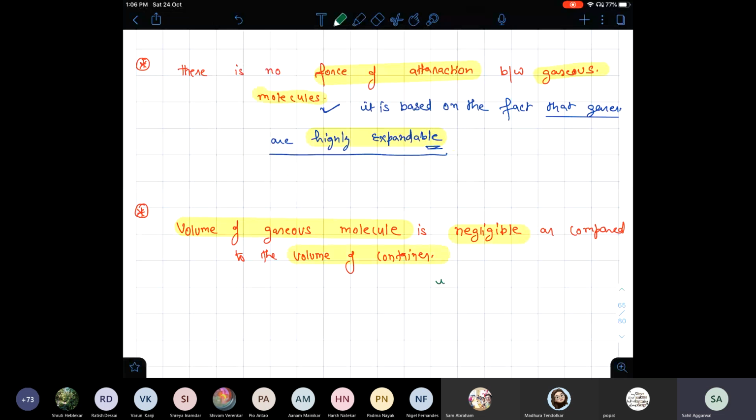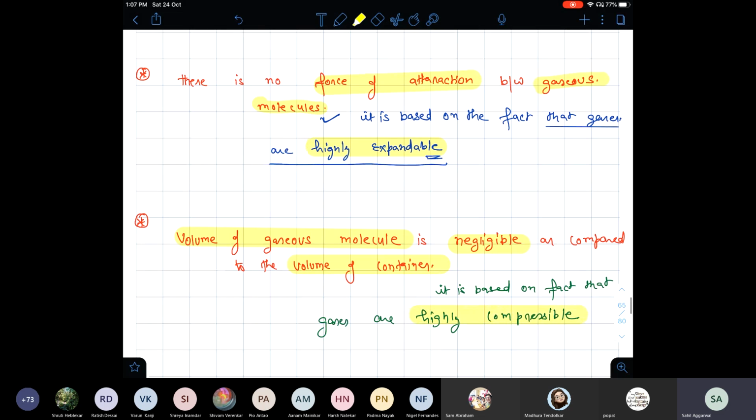It is a fact that gases are highly compressible. Gases are highly compressible. Read these 2 points first.